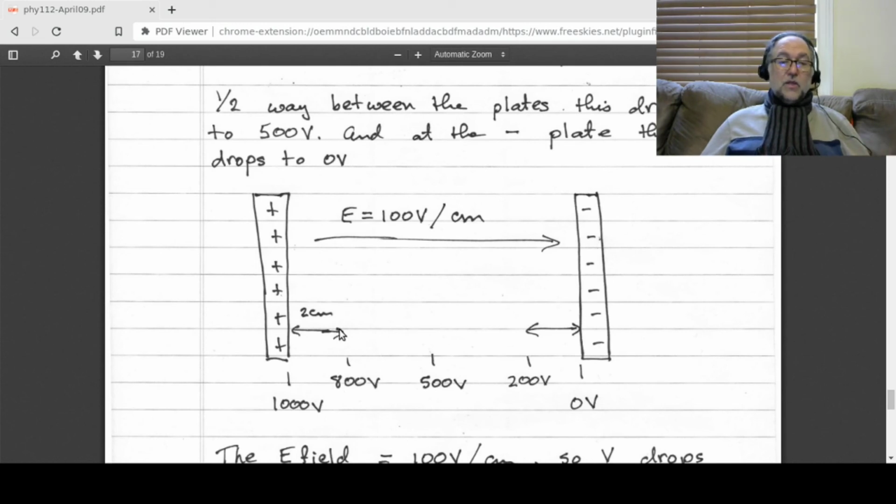If you pull it all the way so that it's 2 centimeters from the positive plate, then it's 8 centimeters from the negative plate, and you're at 800 volts. If you pull it all the way to the positive plate, then you've gone the full 1,000 volts.